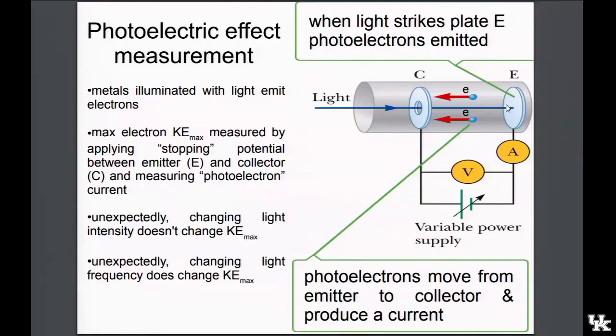And this was the shocking result. In classical theory, you'd think that the brighter the light, the greater the energy of the electrons, because intensity is a measure of the energy in the light. But it turns out that that's not true.